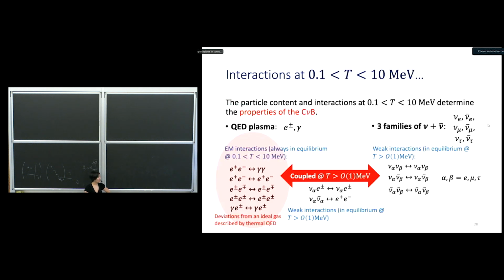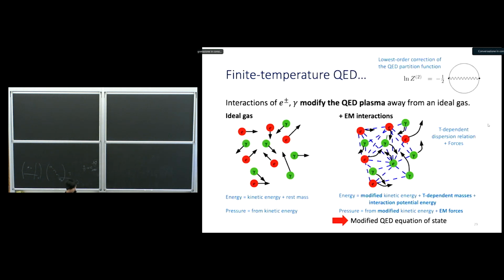Okay. So, and the reason is as follows. If I look at the QED plasma, you have all these scattering processes that are happening. So you can have gamma scattering of electrons, you can have e+ e- annihilation, gamma gamma. Okay, so they're interacting all the time. Now, if I am looking at an ideal gas, then essentially what's happening is that you have particles that are moving in straight lines, and then they hit each other.